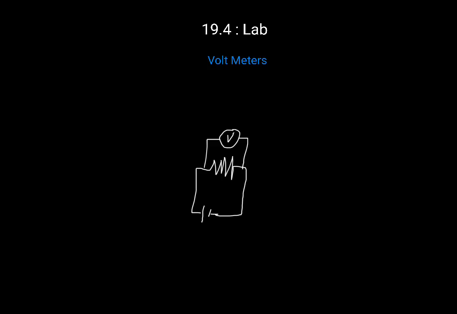I mentioned in the previous slide that the voltmeter was put in parallel with the resistor, and that was done very intentionally. In order for a voltmeter to work, it shows you the voltage drop over the area that it is put in parallel with. So here, the voltmeter is put in parallel with this resistor, so it will tell us what the voltage drop is across this resistor.